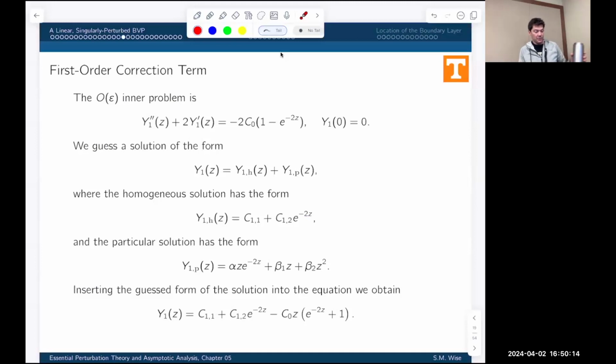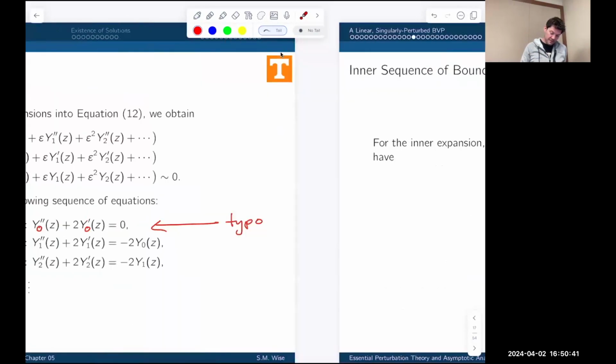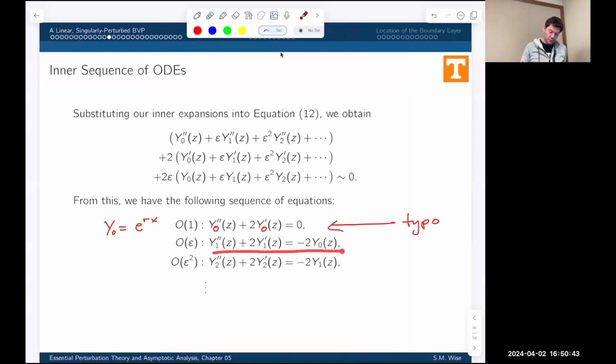So let's do the first order correction. What was the first order correction? It satisfied this ODE, y1 double prime plus 2y1 prime is equal to, I think, minus 2 times y naught without any derivatives. So minus 2 times y naught is what appears on the right-hand side.